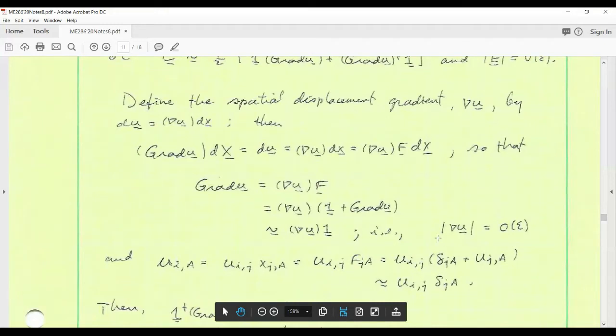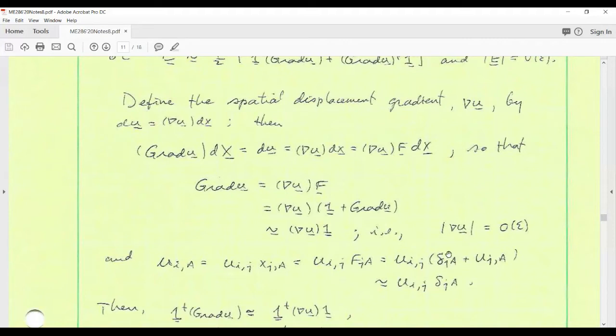And that implies that the norm of grad U is also order epsilon. It's a very small number. In Cartesians, this would be simply u i comma a is u i comma j x j comma a, just the chain rule. x j comma a is the deformation gradient component, j a. Insert what that is in terms of the shifter and the displacement gradient.